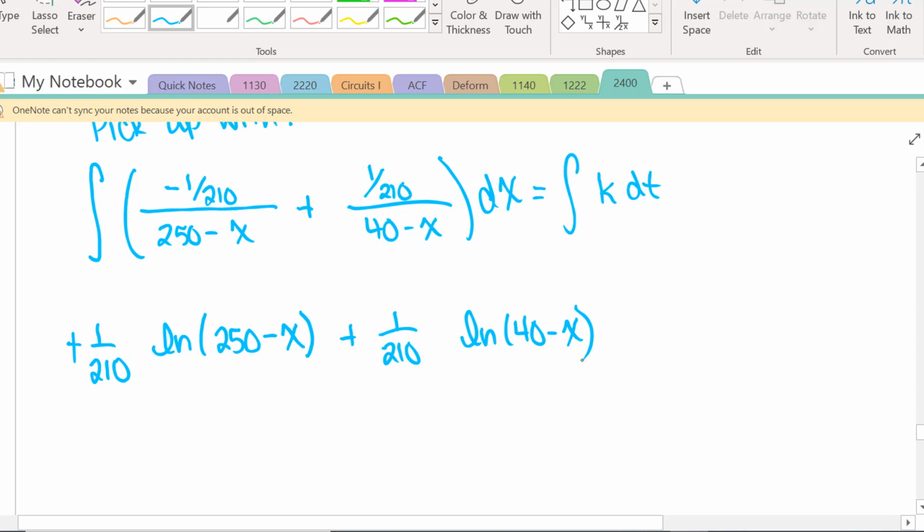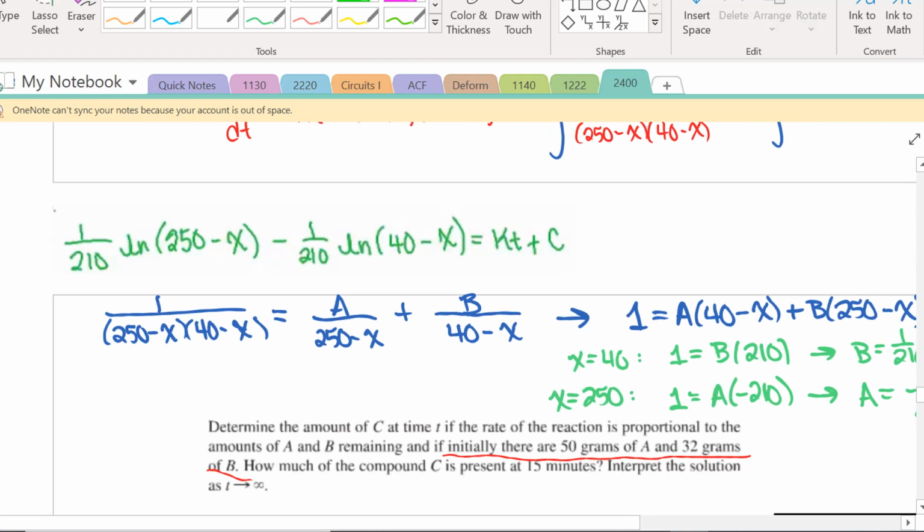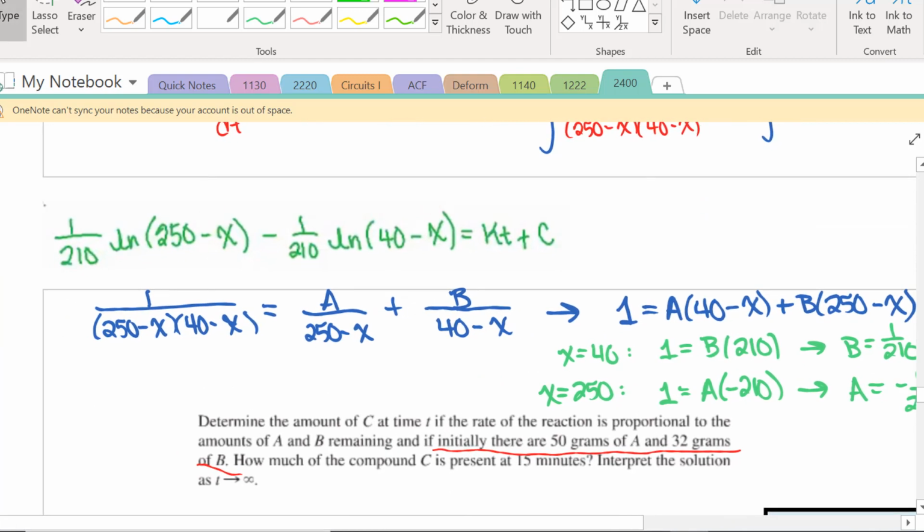But then if I take the derivative of that, I'd get a negative. So I need to put a negative there. And then on the right, I get kt plus a constant. And I think that's where the next video picks up. Let me check. So 1 over 210, yep, minus, yep, okay.